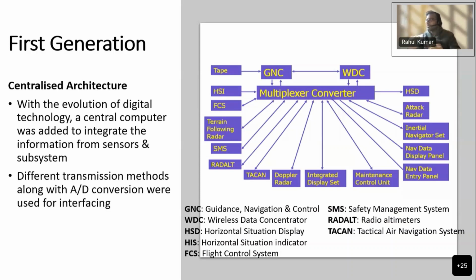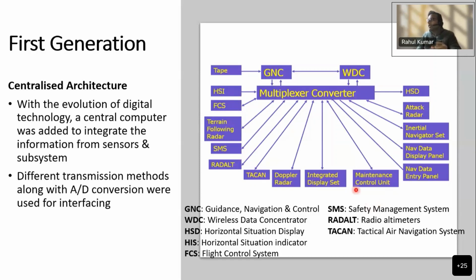In centralized architecture, we had a central computer, right? So all the different subsystems were connected to a central computer. And this computer would then process all the data from different sensors or subsystems.